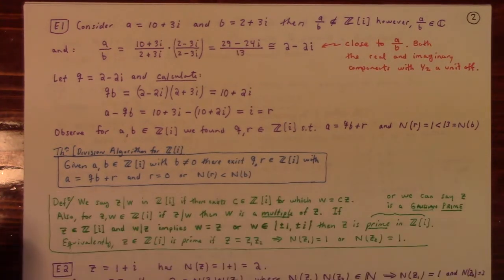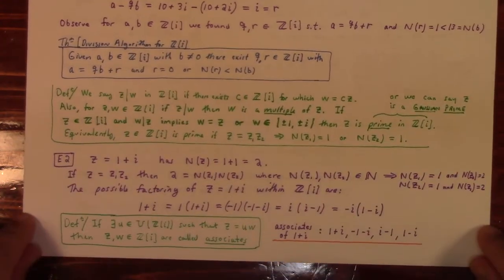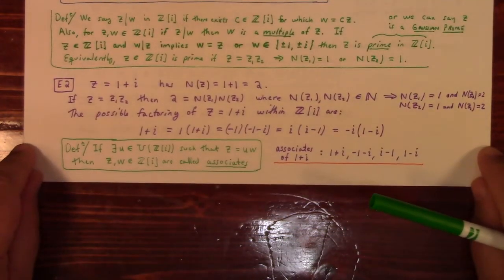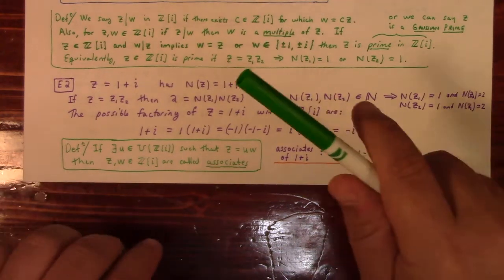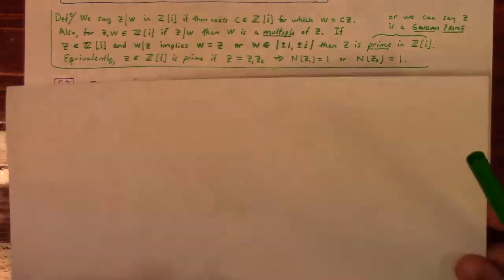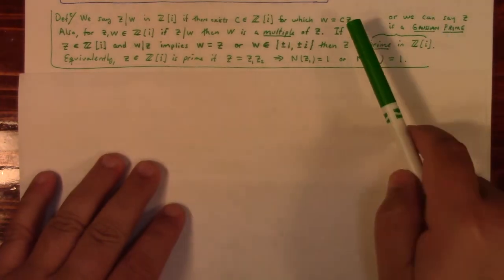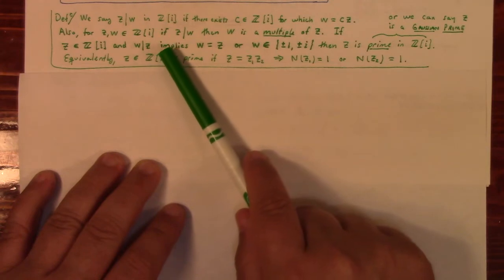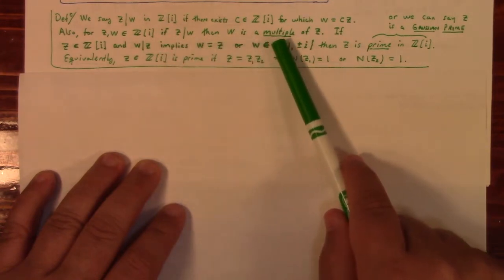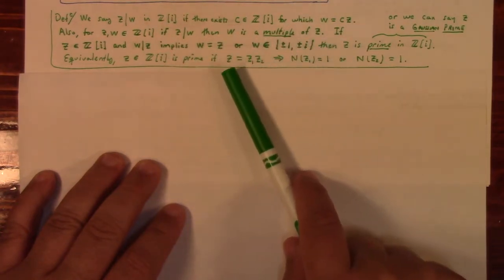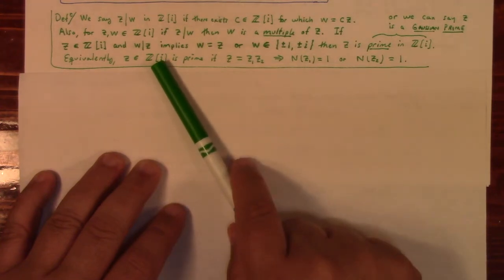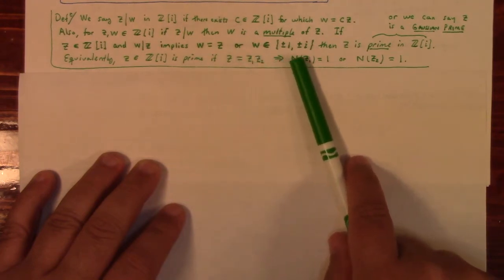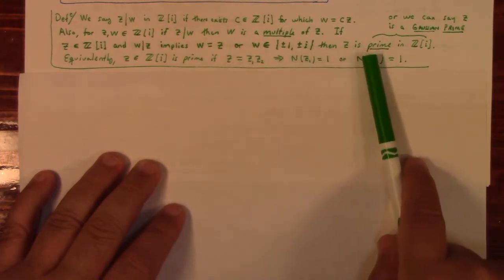So let's see here. A little bit more definitions while we're at it. We say z divides w in the Gaussian integers if there exists a c such that w is equal to cz. Also, for z and w Gaussian integers, if z divides w, then we say w is a multiple of z. All right. If z is a Gaussian integer and w divides z implies w equals z, or w is an element of the units, then that means z is prime.